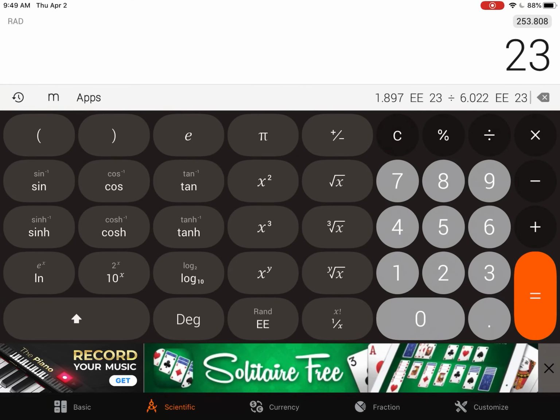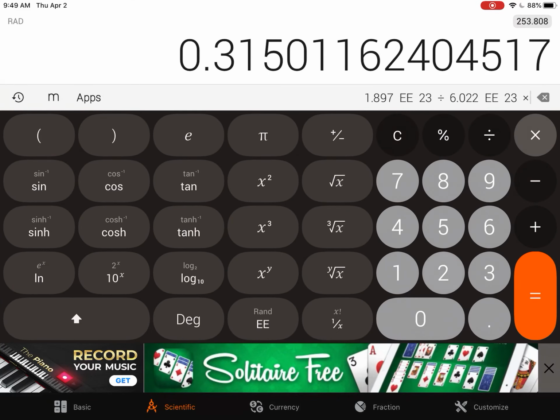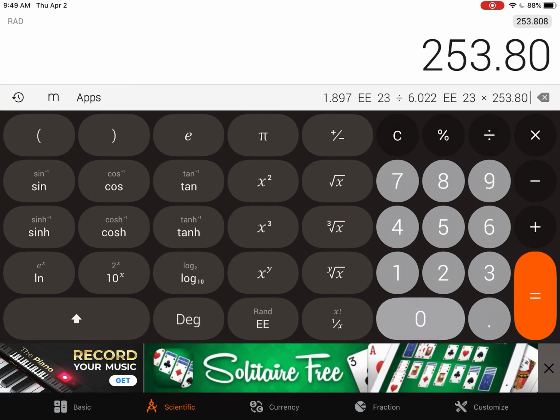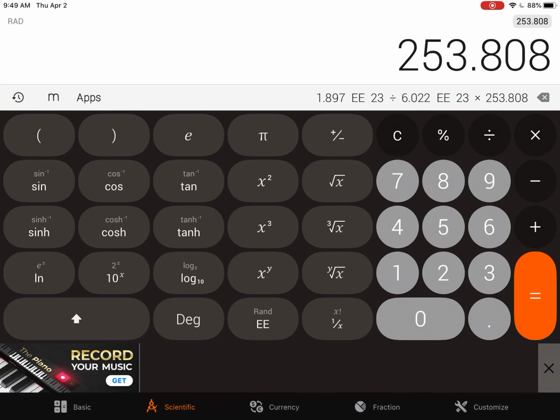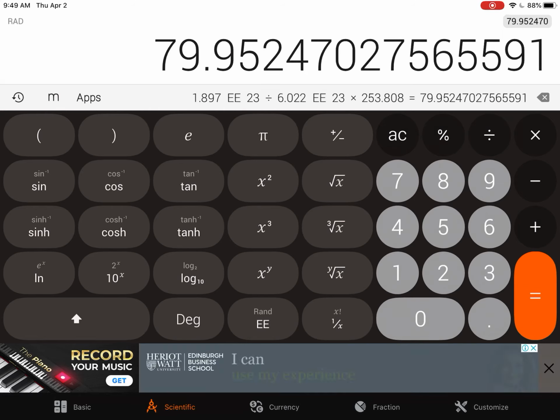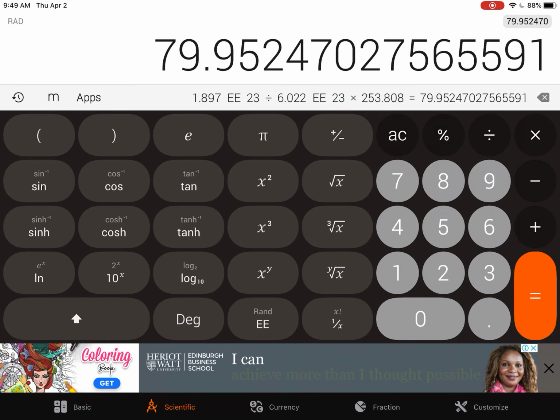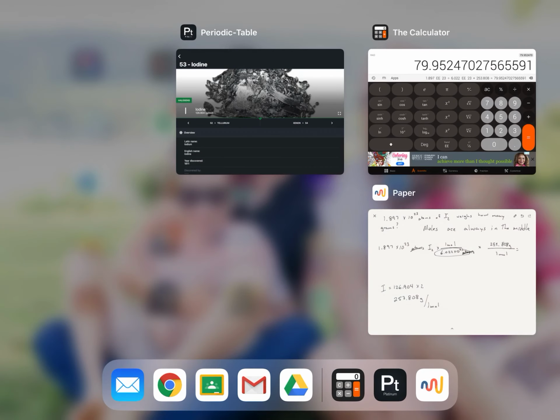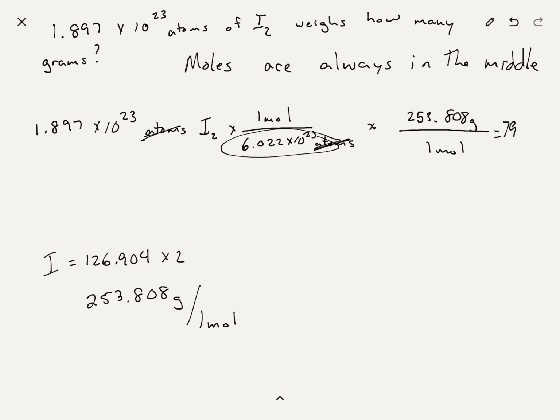And then we're going to multiply by 253.808, and that equals 79.95 grams of iodine. Let's say 79.952. So we get 79.952 grams. Now we look at our problem.